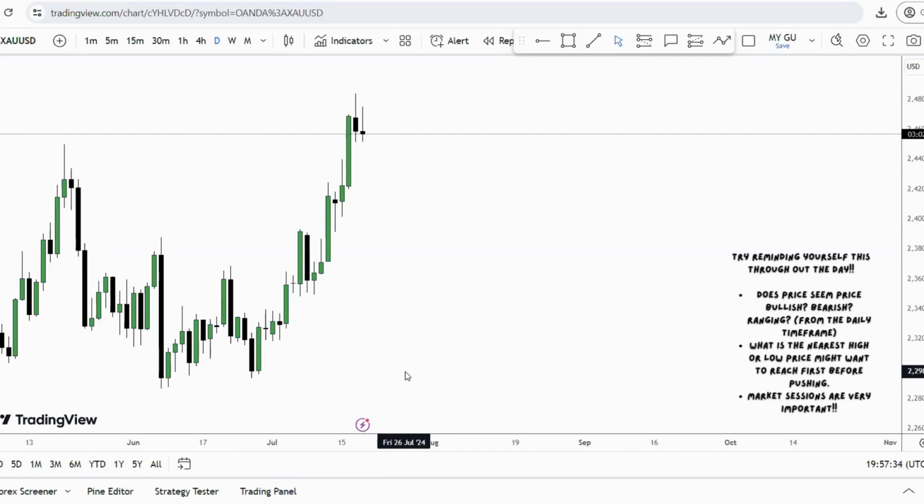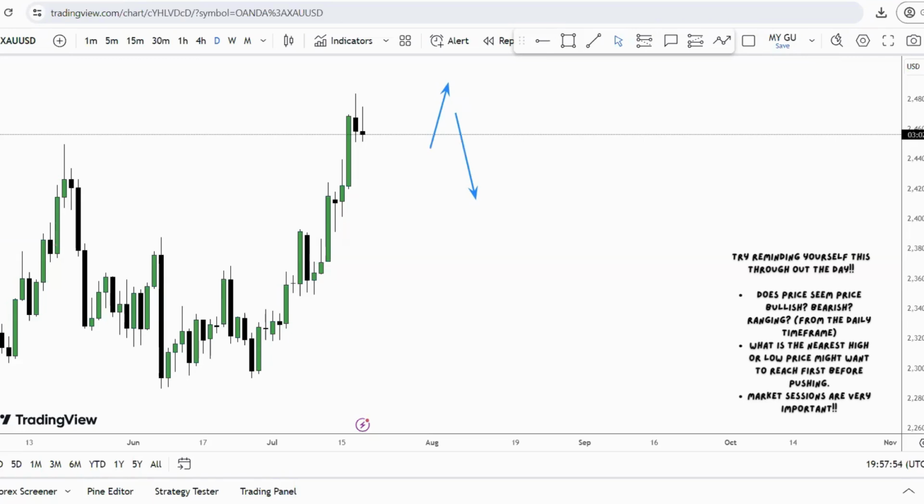So our bias is automatically that we are looking for sells compared to looking for buys. If our candlestick had closed bullish, then price could push higher. But in this case, we have a bearish candlestick.